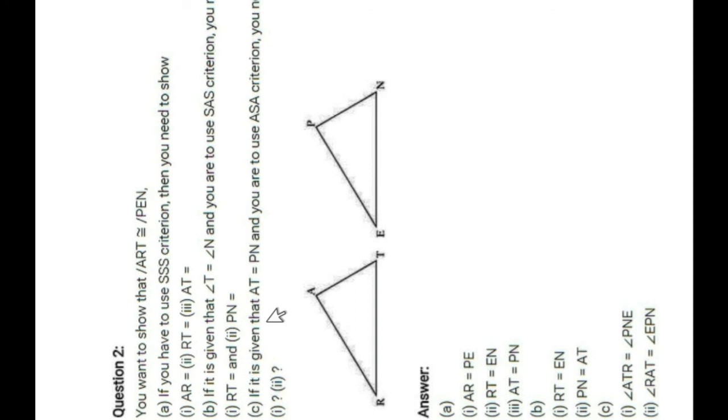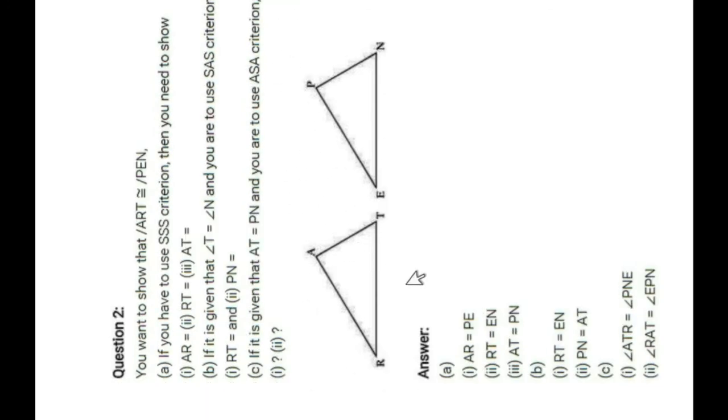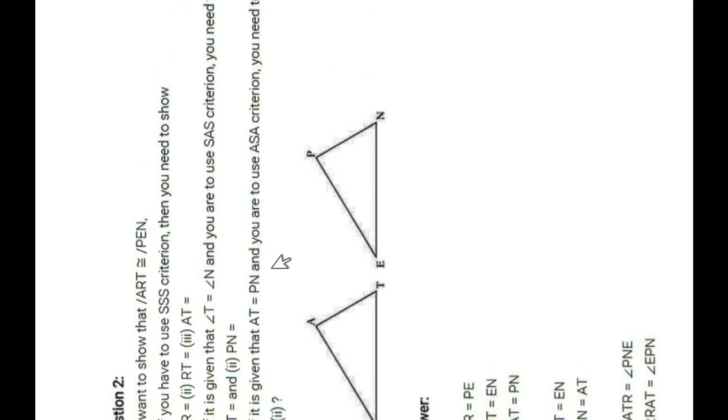If it is given that AT equal to PN and you are to use the ASA criterion, ASA means angle, side, angle: two angles and one side. Then you need to have which? See what is given here: AT equal to PN. So you have to use the ASA criterion.